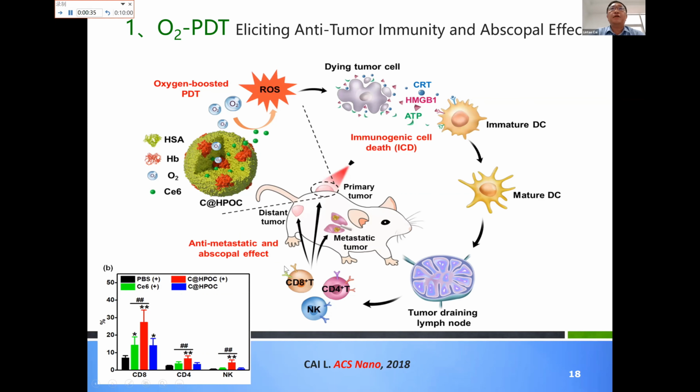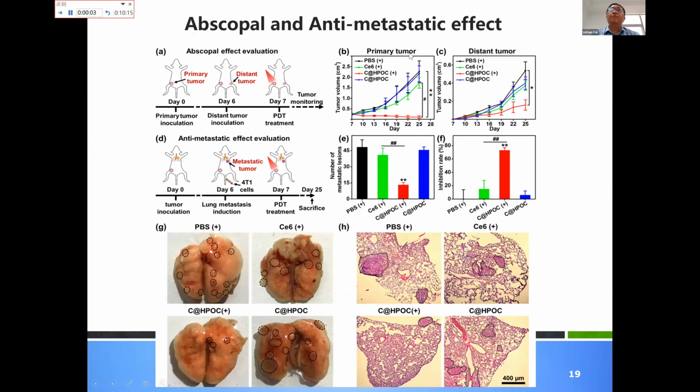And using this method, we can not only kill the primary tumors but also some distant tumors, and it is also effective for anti-metastasis. So this is our result. You can see for the primary tumor, we can very much ablate and suppress the tumor growth, and also for the distant tumor there is quite good suppression.